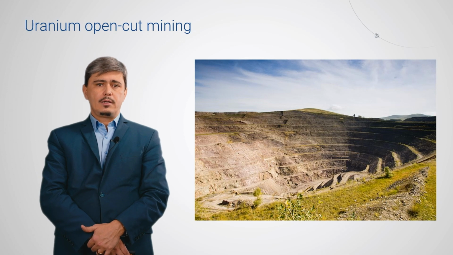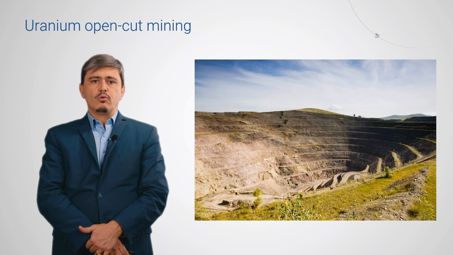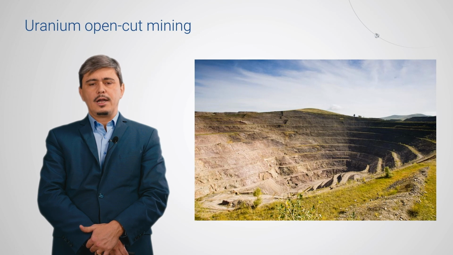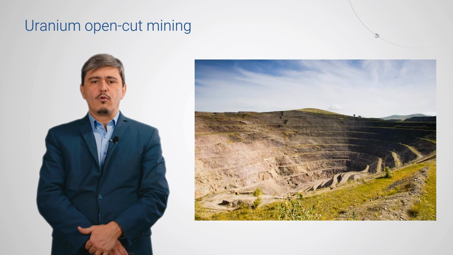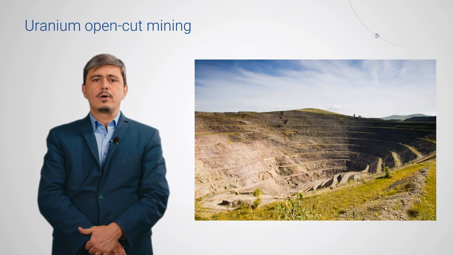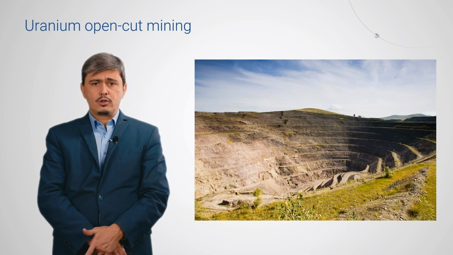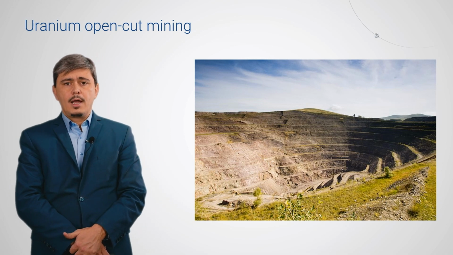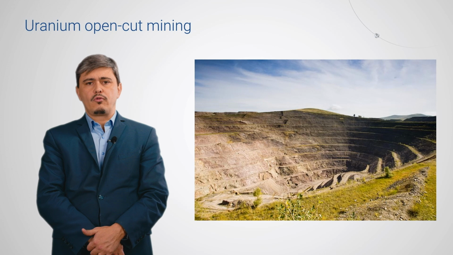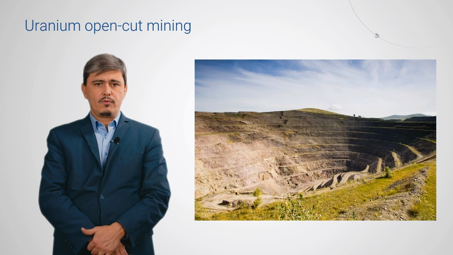Actually, there are three main methods to extract uranium. Two of them are traditional ones, and the third is a little bit new. The first method of extracting uranium is usual open cut mining. You see on this slide an example of huge open mining, and in this way, using special trucks, we can get ore, and uranium will be extracted later from this ore.